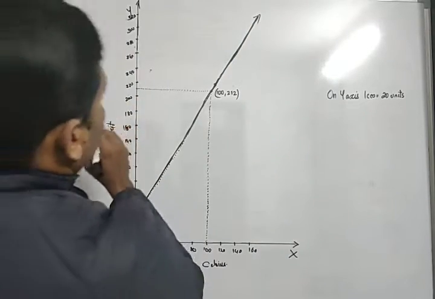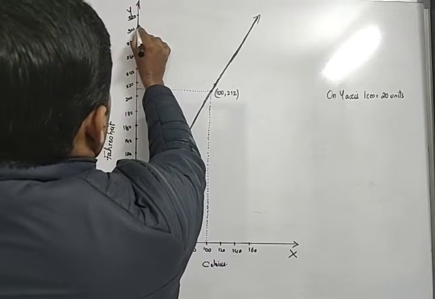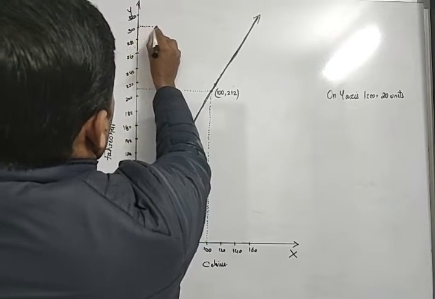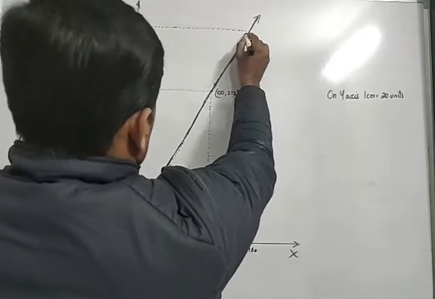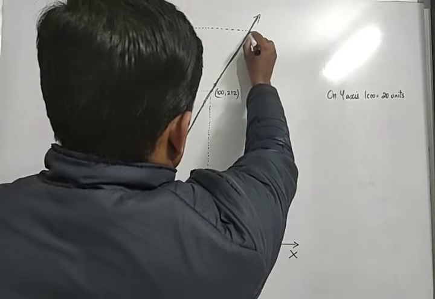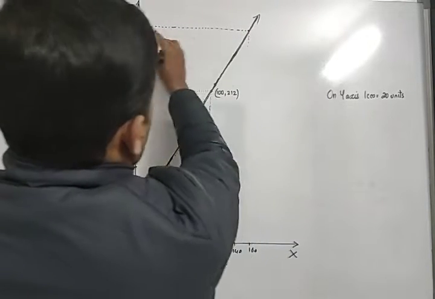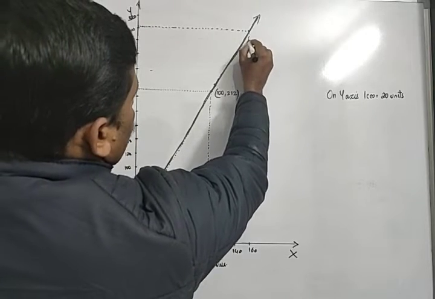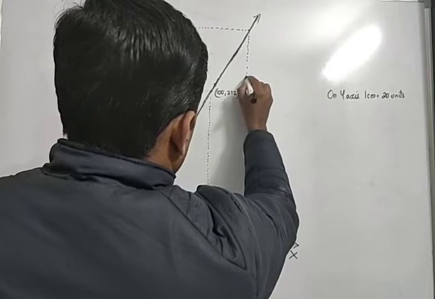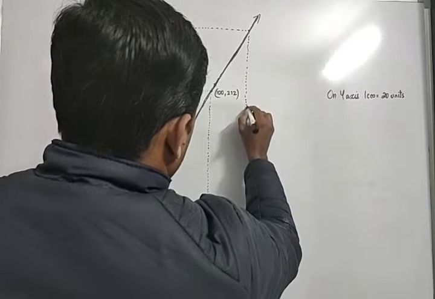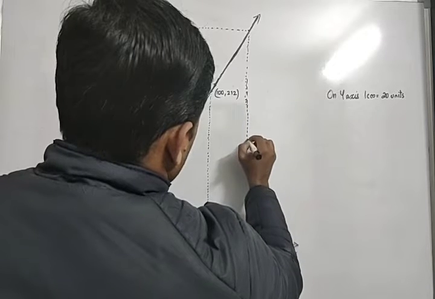So when Fahrenheit is 302, it is here, we draw a line to this side, and where it touches the graph, from there we draw a line downward, and where it reaches on the centigrade axis, that will be the centigrade value.